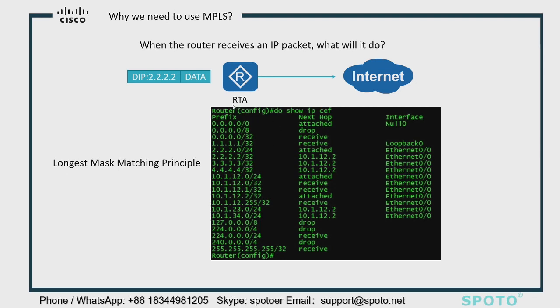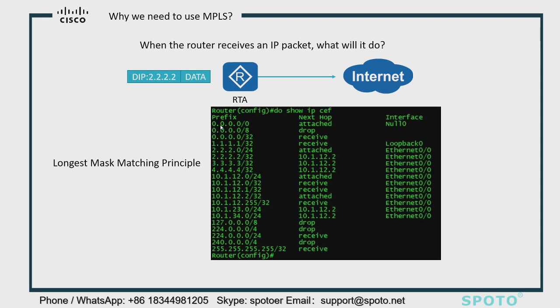The router will check the destination address of the IP packet and search the routing table from top to bottom. We can see here the destination is 2.2.2.2. So let's do it together. Use the logical AND with the destination address and the destination of the routing table.